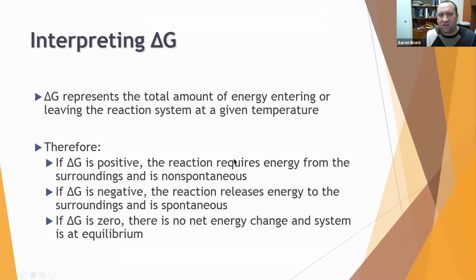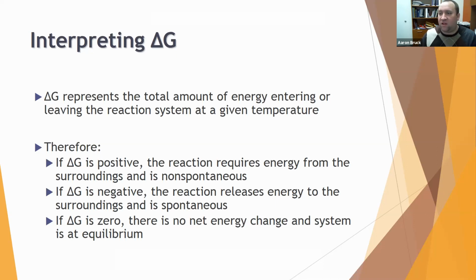Interpreting our values of delta G. Since we've now accounted for all of those little differences, delta G actually has a really close relationship with the entropy of the universe. And so we can talk about delta G in terms of how much energy is being absorbed or released by the reaction system as it goes.